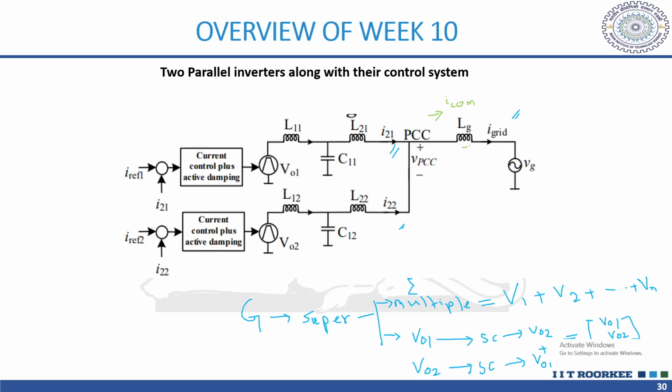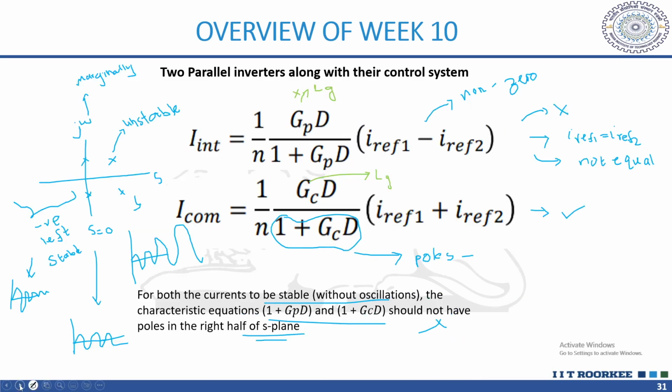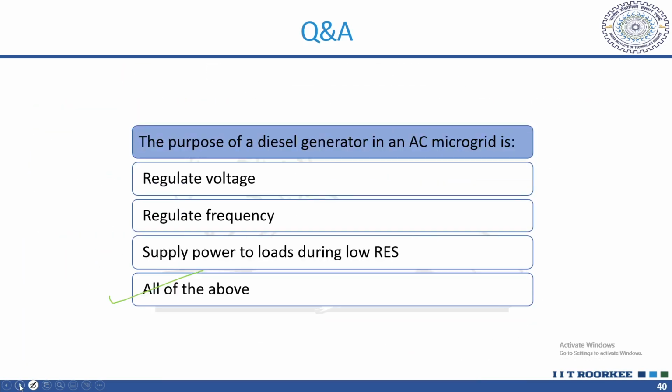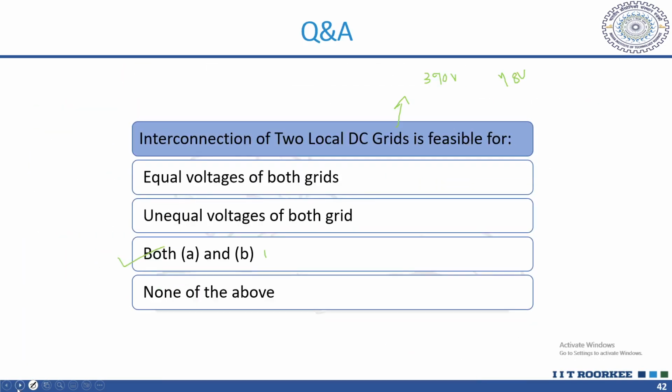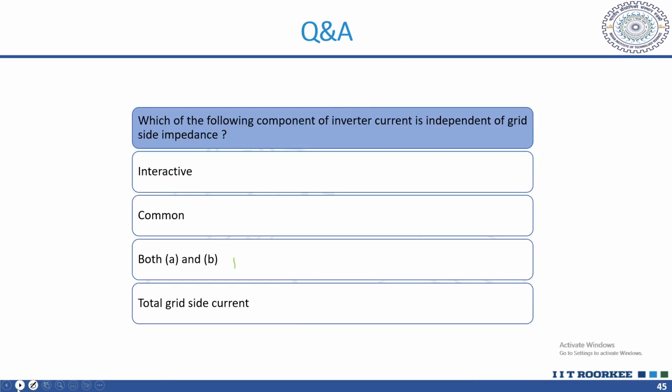So it will be influenced by this, but this interactive is only limited to this loop. So it will not depend on this grid side. So here we can say that independent of grid is this interactive component.